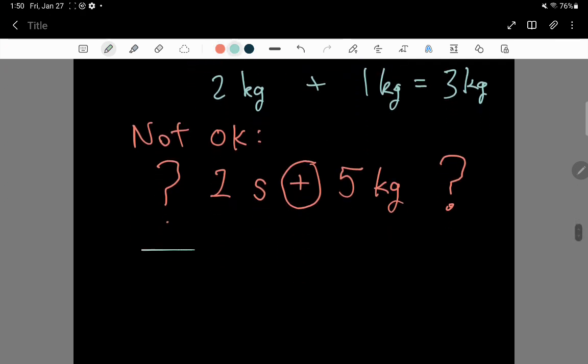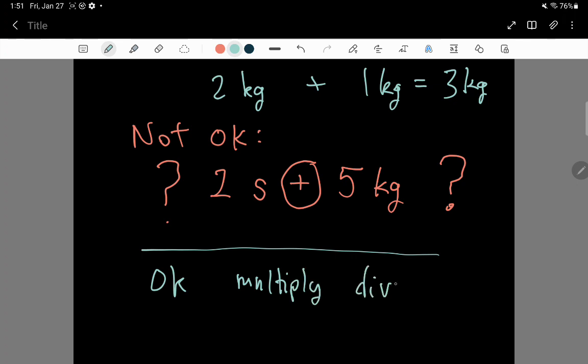But it is always okay, although not necessarily meaningful all the time, but it's always okay to multiply and divide different dimensions.